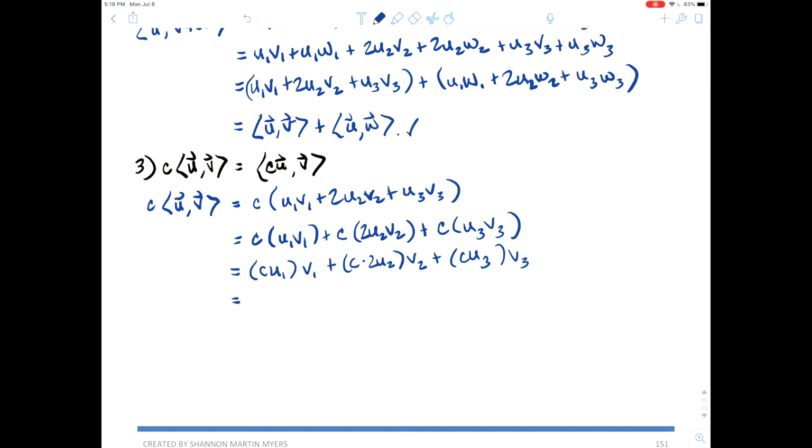Now the real numbers are commutative. I've got to move that 2, right? So I'll have Cu1 times v1 plus 2 times Cu2 times v2 plus Cu3 times v3. And finally, this is the inner product of Cu and v. Cool, so that checks this one off.